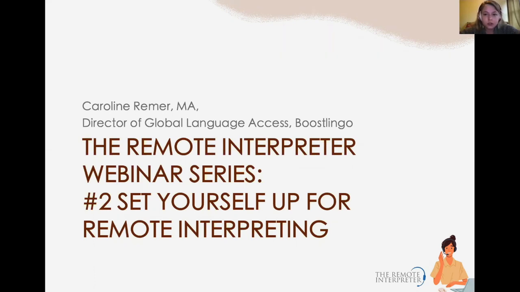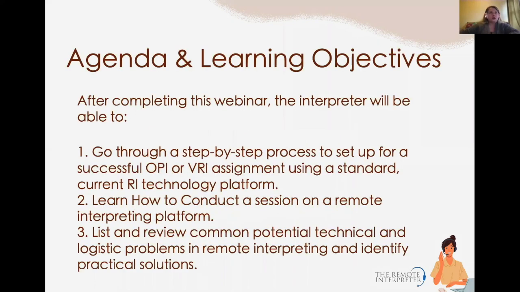And I will continue. So let's see, the agenda for today and the learning objectives, because this is the training series that we designed so that interpreters would get specific objectives out of it. Today we're going to go through a step-by-step process to set yourself up for OPI and VRI assignments using just a standard current remote interpreting technology platform.